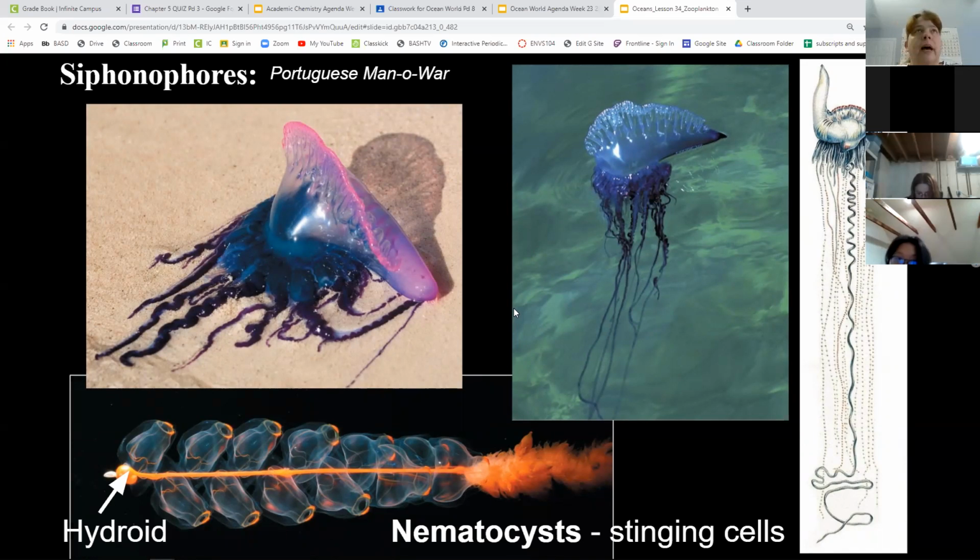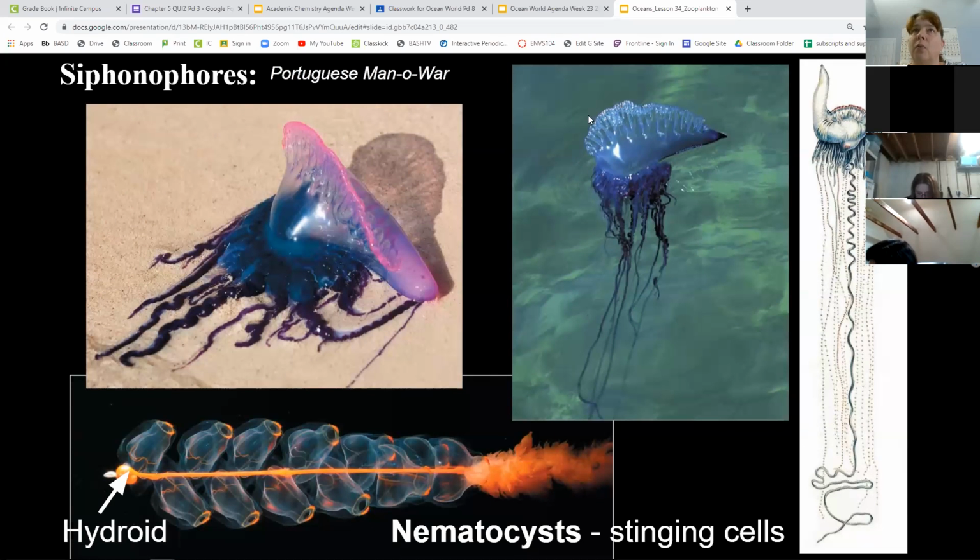You don't need to know that. But what the Portuguese man of war is, it is not a jellyfish. Many people think that this is a very, very scary jellyfish. It is not a jellyfish. In fact, it is a colony of many, many teeny tiny zooplankton hydroids that have collected together.